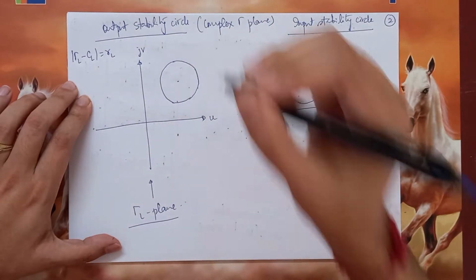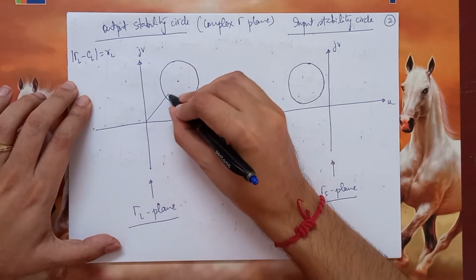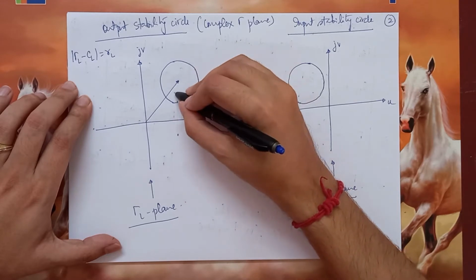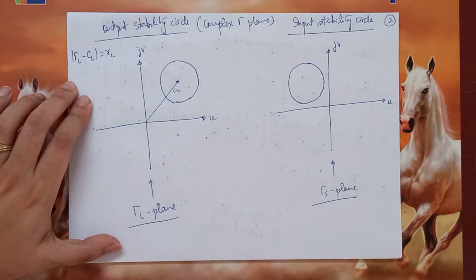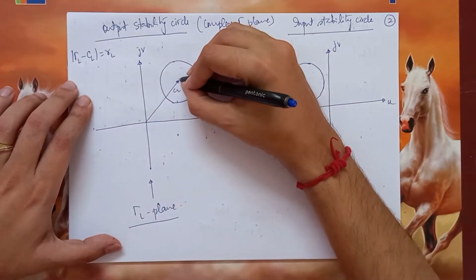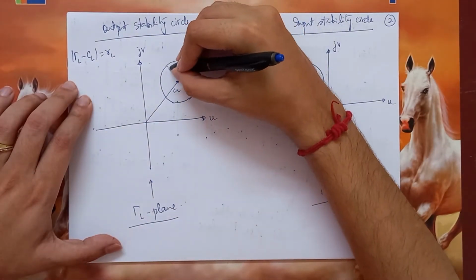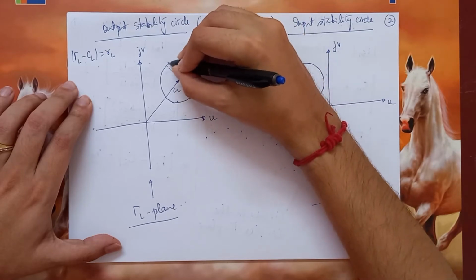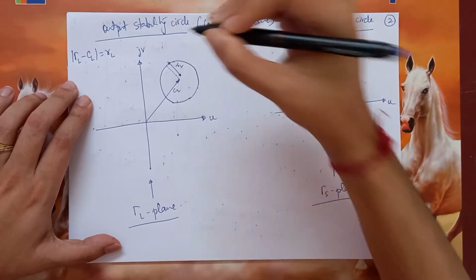So the center of the circle would be indicated by a complex quantity, CL, and RL is the radius. So if you were to construct the radius, this distance would be RL.